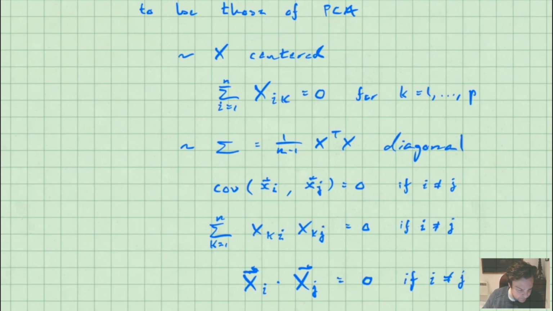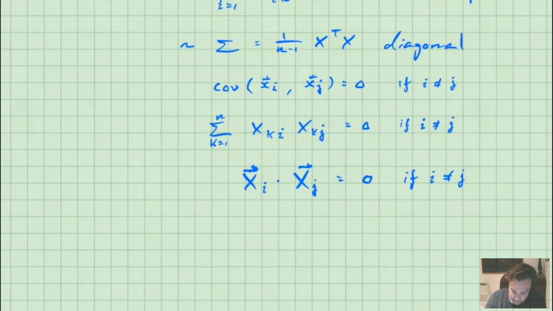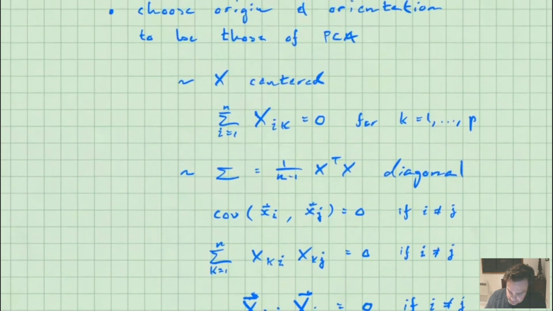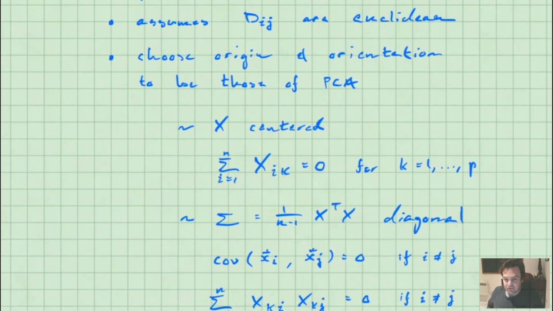So that's the origin of the name, the fact that principal component analysis is so closely linked to this. All right, so now I want to go into some technical details of classical multidimensional scaling or principal coordinate analysis. It's going to get fairly mathematical.